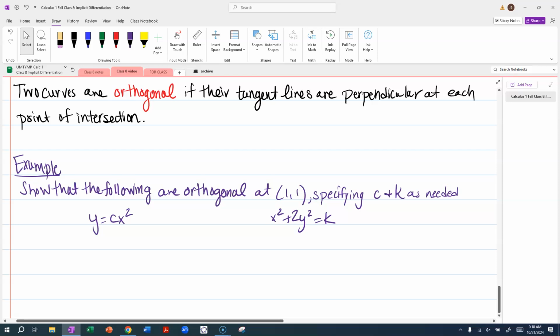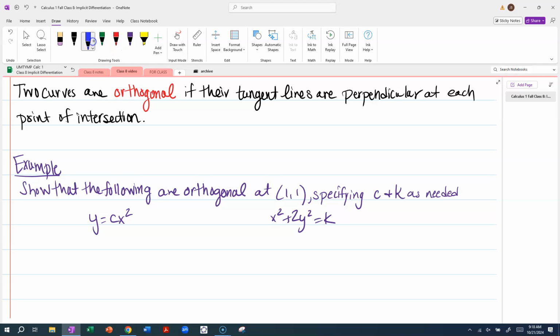Okay, but here, if you say two things are perpendicular, they have to meet at a 90-degree angle. The way we're approaching it here in calculus is we say two curves are orthogonal if their tangent lines are perpendicular at each point of intersection. So what do we have to do?